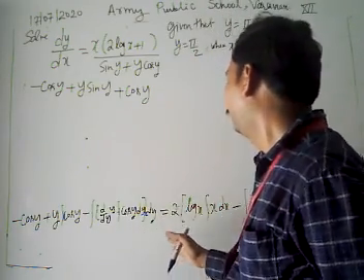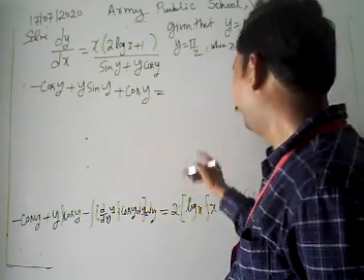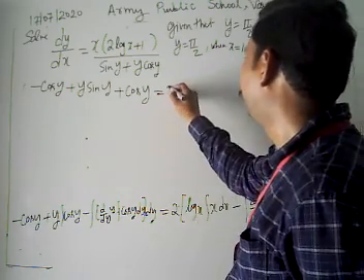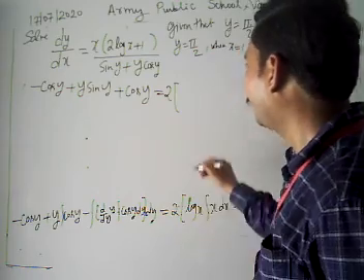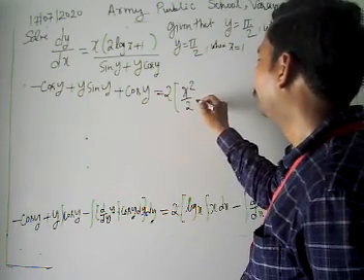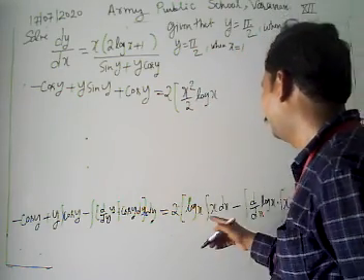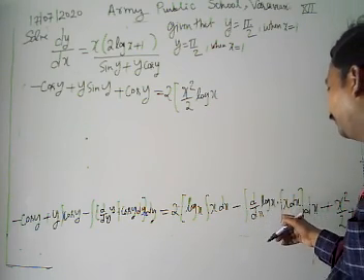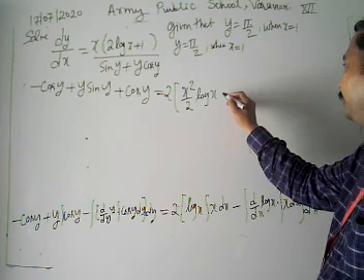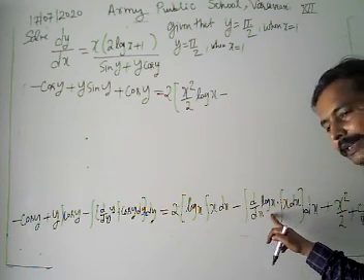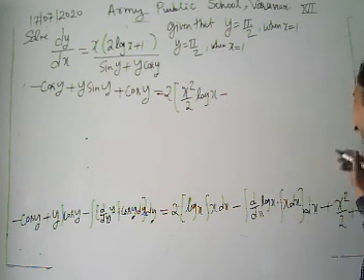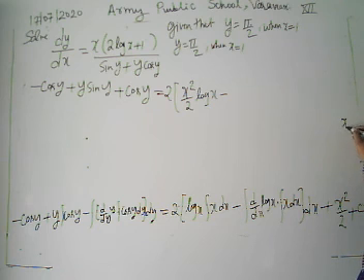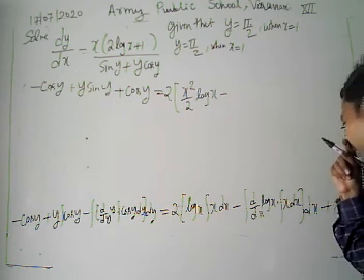Look, now here we get 2, then x square by 2 log x. We solve it. Now the derivative of log x is 1 by x, and times x square by 2 gives x by 2. Again we are going to solve it.